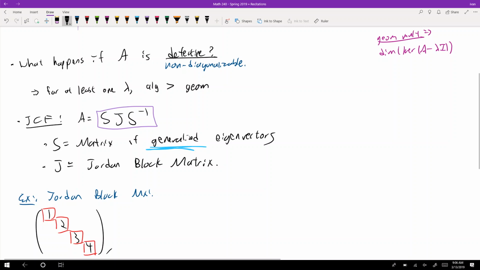What else is an example? If we have something like 2, 2, 2, 2, and then we put the 1 above the diagonal here, we have a 2 as a block, and then a 2-by-2 block that encapsulates that 1, and then another 2 down on the right-hand side. So there are 3 blocks there: a 1-by-1 block, a 2-by-2 block, and another 1-by-1 block.